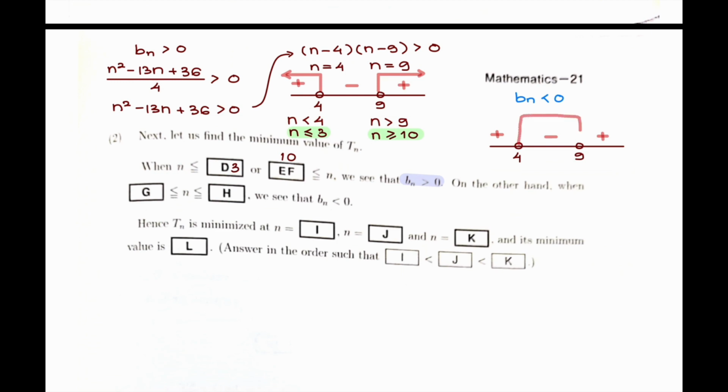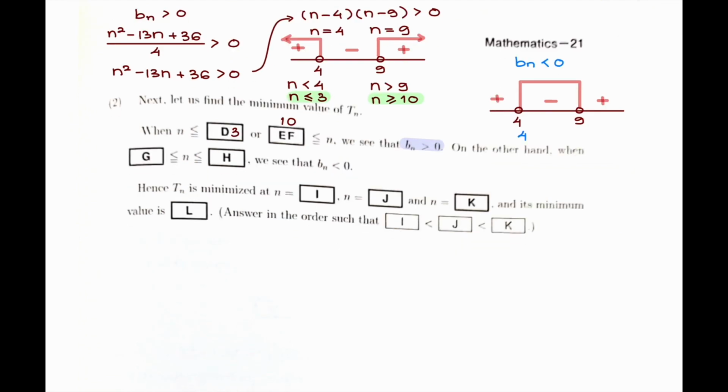This one. So 4 less than n less than 9. By using the same way of thinking, in the range 4 less than n less than 9, 4 and 9 are not inclusive, but in the question they want us to write down a closed interval.